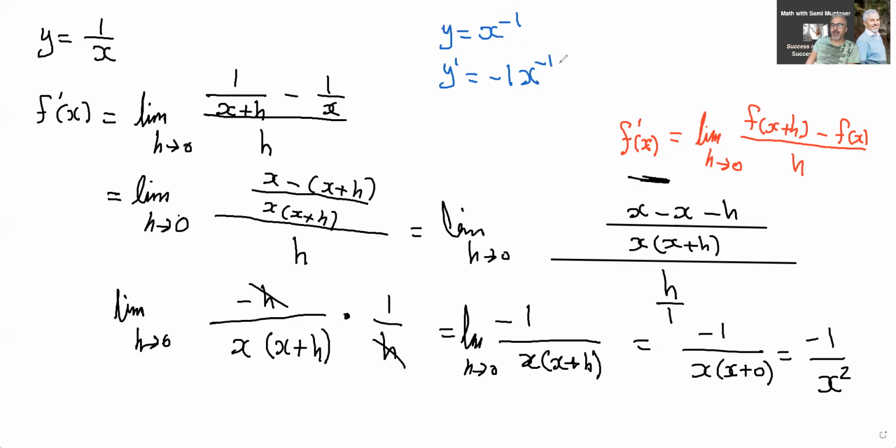So negative 1 minus 1. And that will give you y prime equals negative x to the negative 2, which is, again, the same as negative 1 over x squared, because you want to bring that x to the negative 2 to the bottom of the fraction and make it positive.